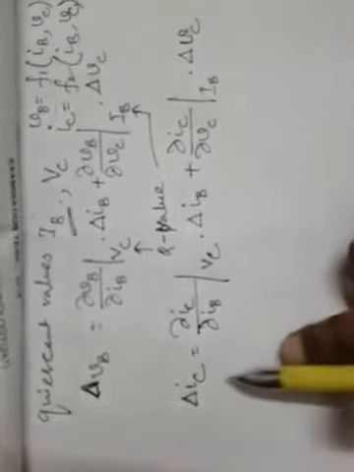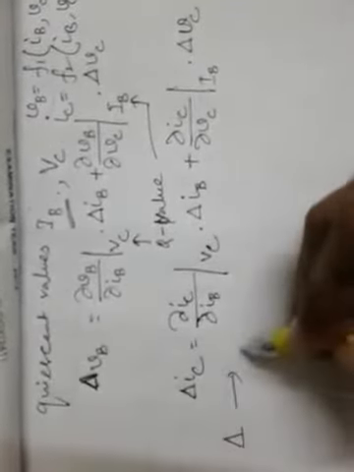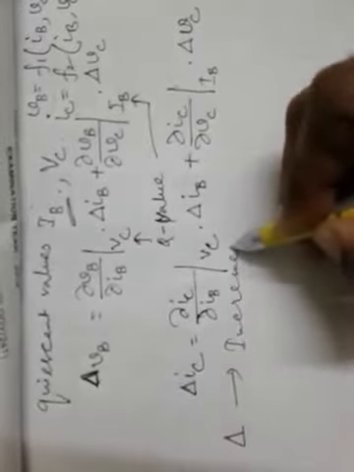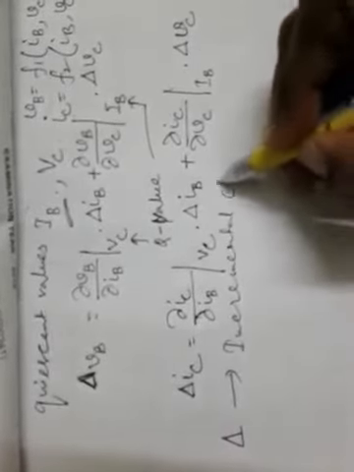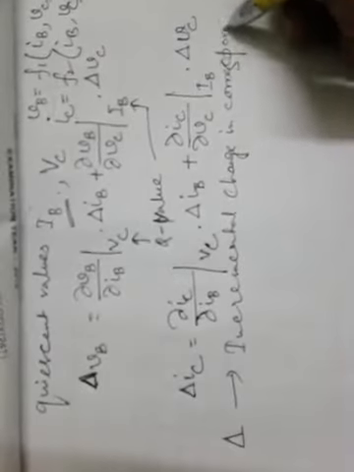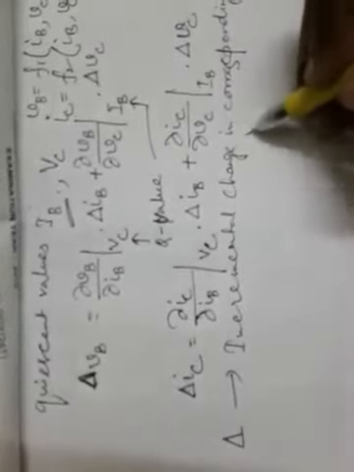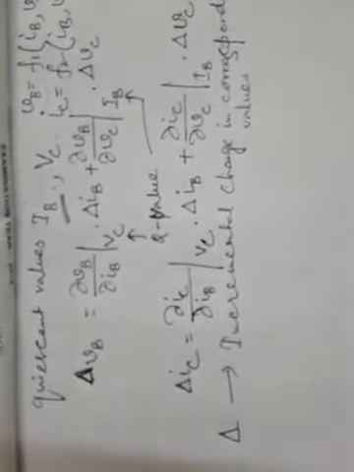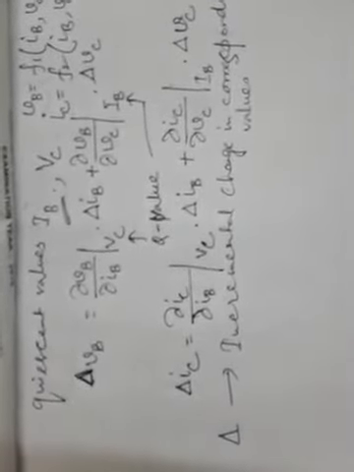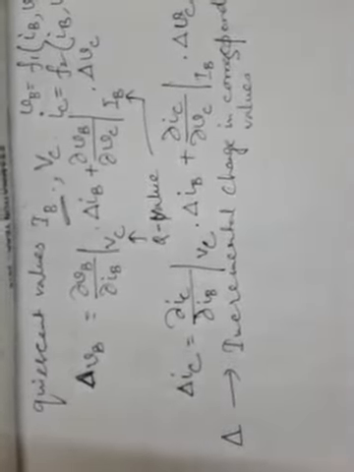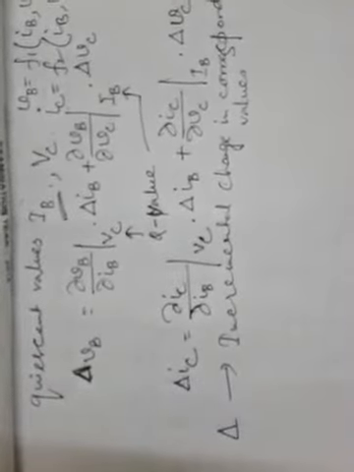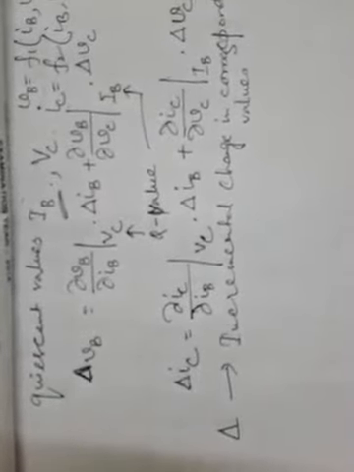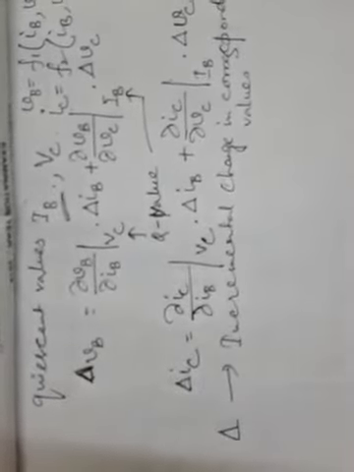So this delta represents an incremental change in the corresponding voltages and currents, and they represent the small signal change. These currents or voltages may be for the base and the collector. For the base it is the input, for the collector it is the output, because common emitter means the emitter is common to both base and collector and it is at ground.